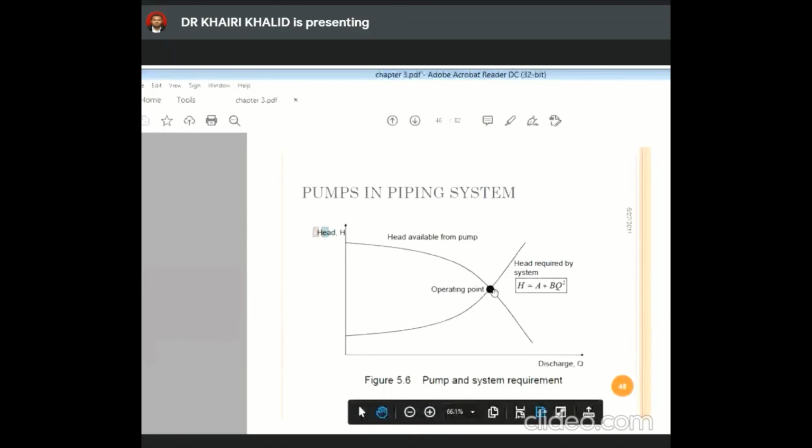We name it the operating point, in terms of the value of Q. Over here, if you drag to the X scale, you will gain the value of Q. If you drag to the Y scale, we will gain the value of H. So one thing that I want you to remember is that different systems will give different values of H and Q, even though we are using the same pump. Using the same pump on a different system, we will still get different values of Q and H.